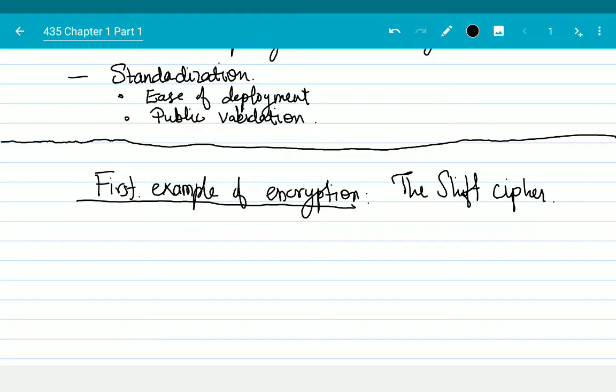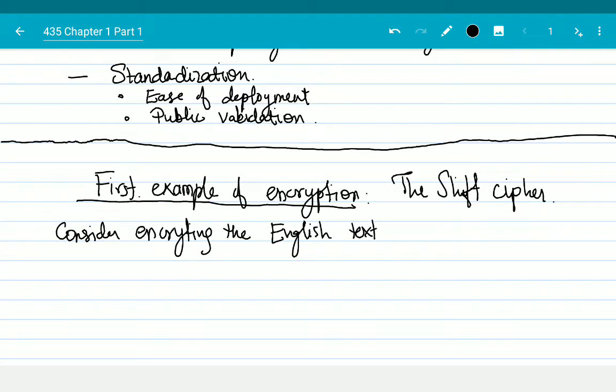So how is the shift cipher created? Consider encrypting English text. How do we do that?